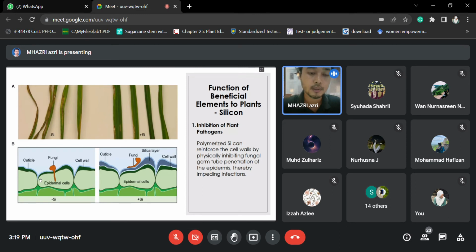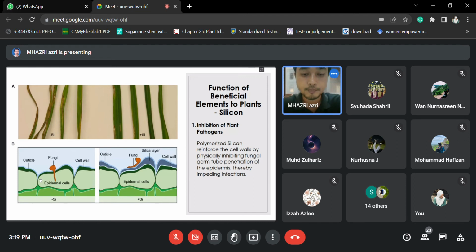Okay. Ini pula adalah Oryza sativa or paddy plant that is supplied with silicon. What happens? This Oryza sativa will absorb this silicon as monosilicic acid, and the silicon absorbed by this plant will be reinforced in the cell wall. Okay, so the silica will make a layer of protection at the outer side of the cell wall.